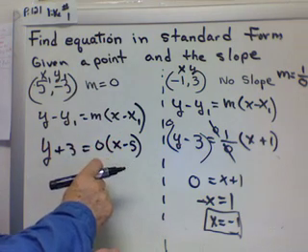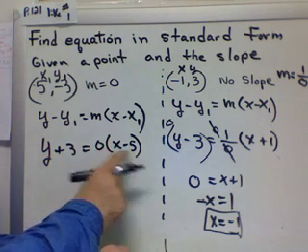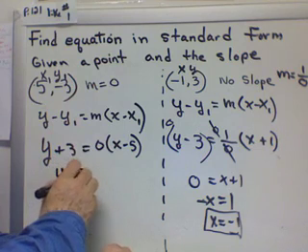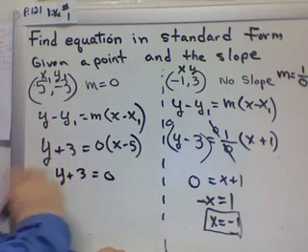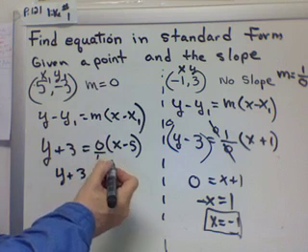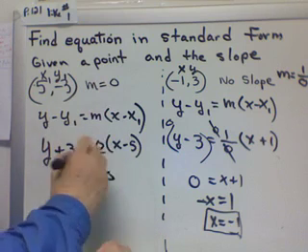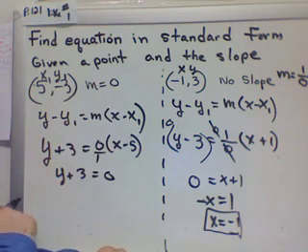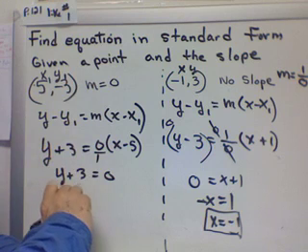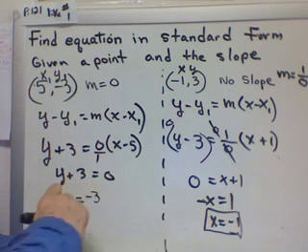Uh-oh, if slope is 0, what's 0 times that? 0. y plus 3 equals 0. Now you can use slope as 0 over 1, and if you do, you multiply both sides by 1 to get rid of the fraction, and 1 times that side is still y plus 3. All right, continue solving. So y equals negative 3.